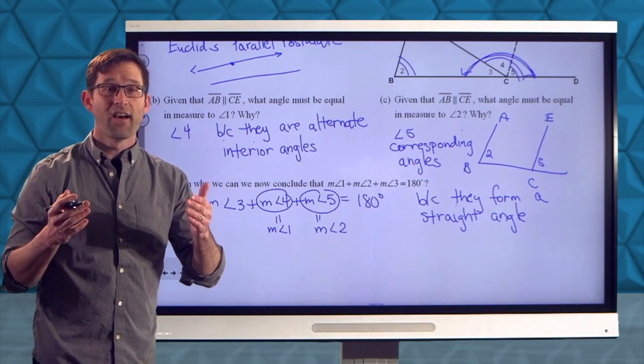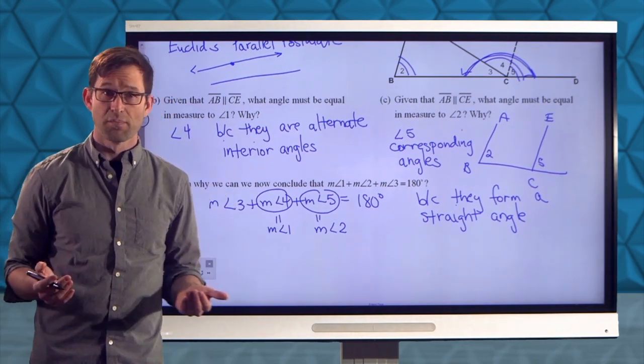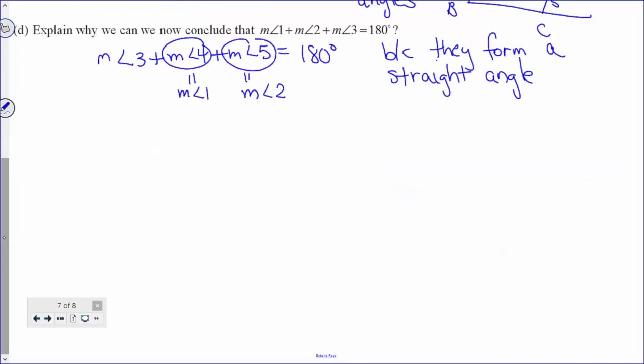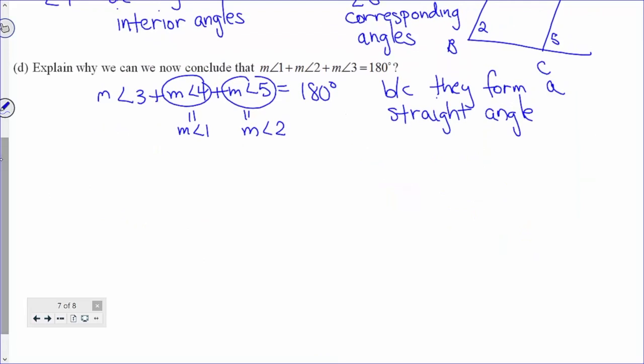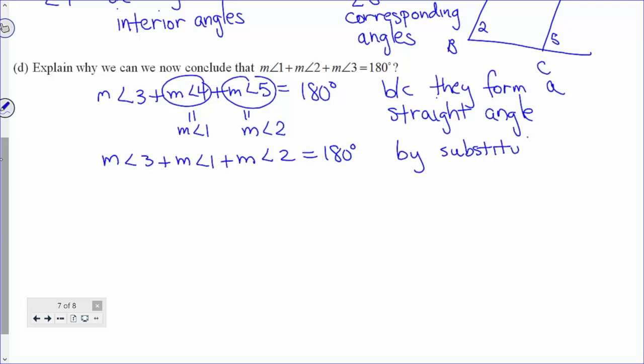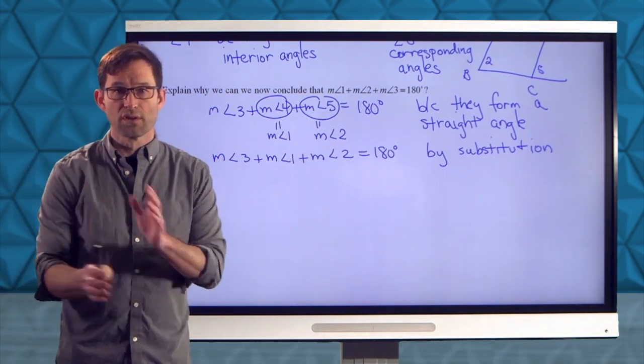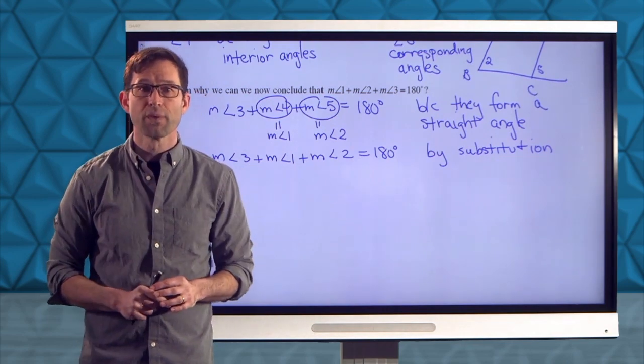So, using the amazingly obvious property of substitution, we can now substitute 1 for 4 and 2 for 5, and we can say the measure of angle 3 plus the measure of angle 1 plus the measure of angle 2 is equal to 180 by substitution. Of course, I might not have them in the right order, but I could use the commutative and associative properties of addition to swing them around into 1 plus 2 plus 3 is 180.